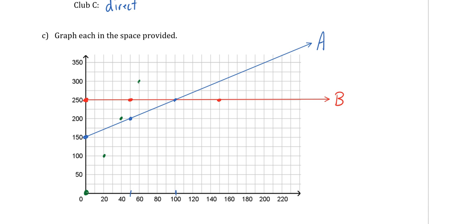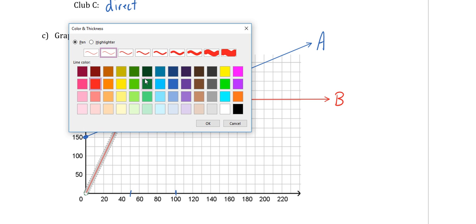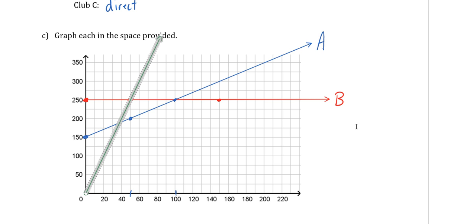Again, if I do a few points, I can make sure they line up in a perfect straight line and make sure that I did it right and I didn't mess anything up. Okay, and again, let me change this color and call this one C.